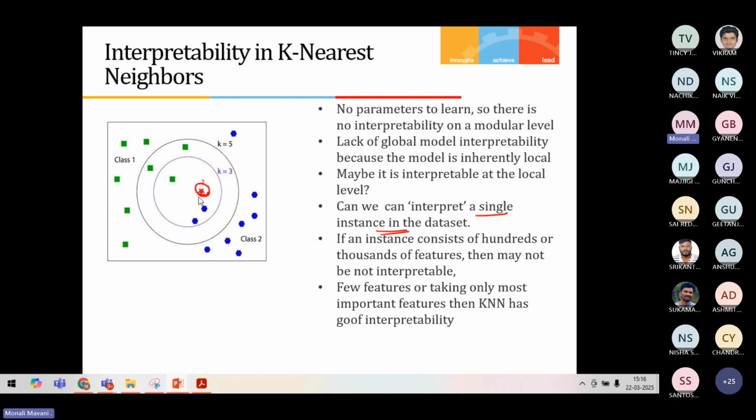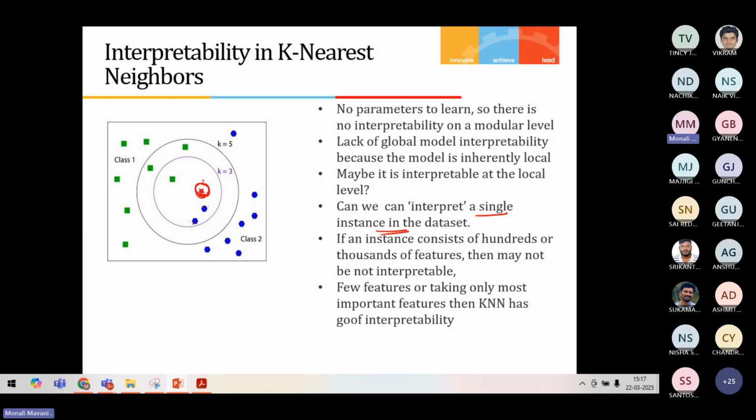That's the base of the KNN algorithm: if an animal quacks like a duck and walks like a duck, it is probably a duck. So whatever the features of this star are, if they're near the blue data points, those features are equal. So at a very local, instance level, we are able to perform interpretability.